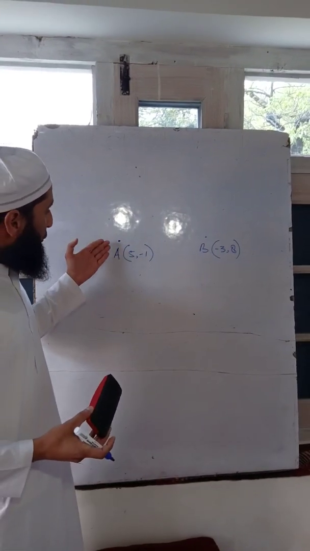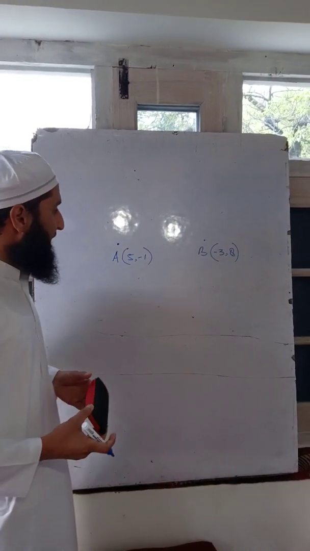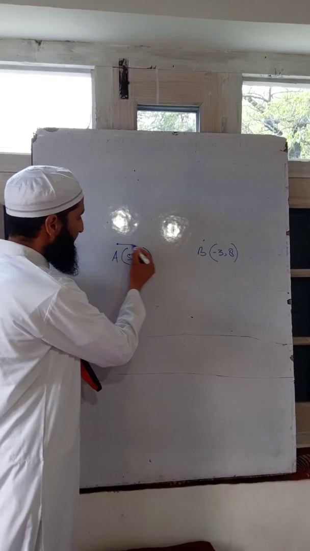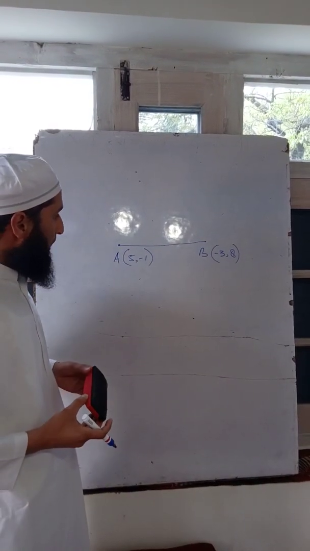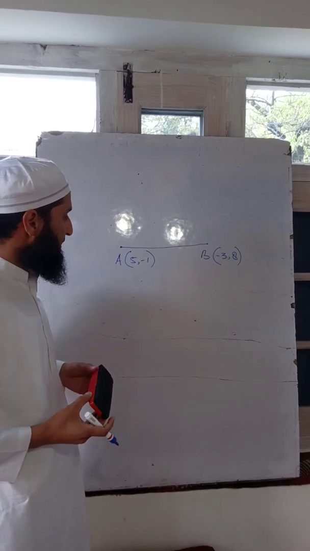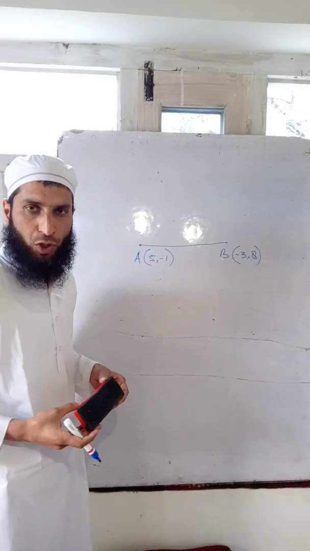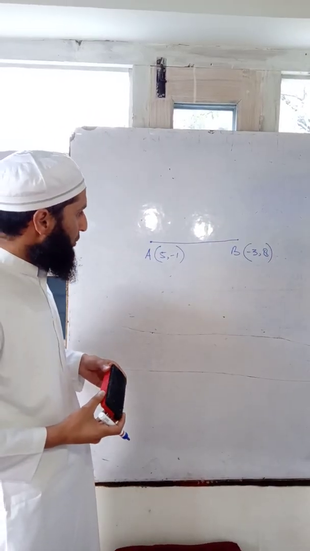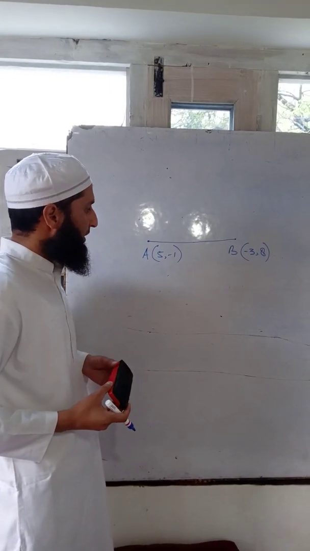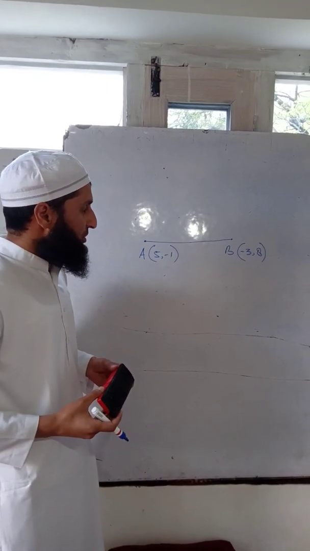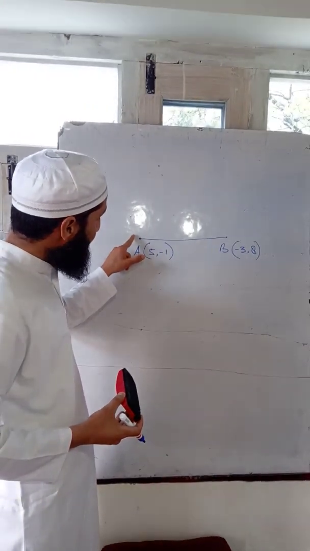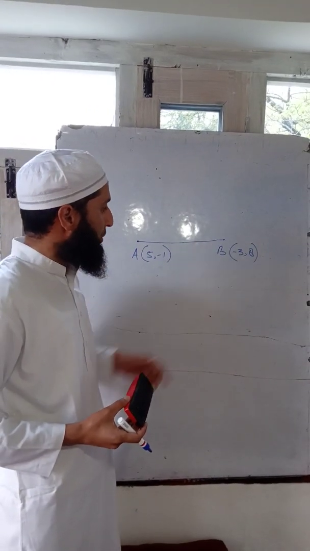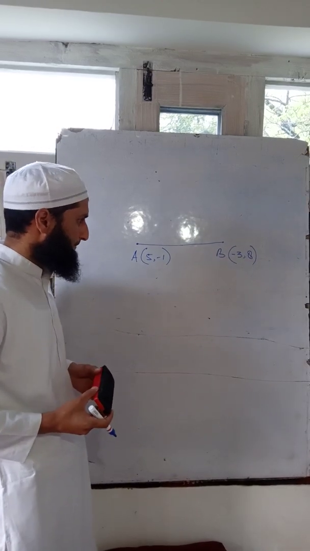If we are asked to find the distance between A and B, that is AB, we can find this distance with the help of distance formula. So, from this, we can conclude that distance formula is a formula which helps us to find the distance between any two given points on a plane.